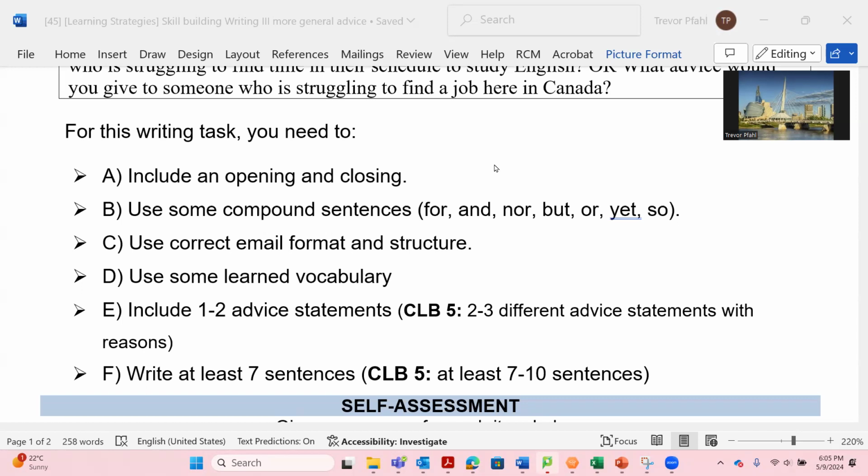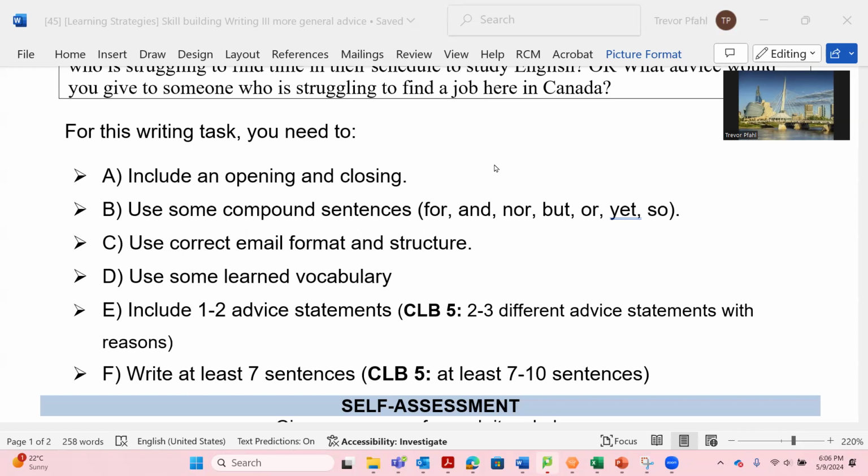If they don't have it, you're not putting an A there. If you find compound sentences using fanboys, then you would circle or put the letter B where they have the compound sentences. If they have the correct format, meaning there's an introduction at the bottom, there's their signature with respect or respectfully or those things, then put a C.